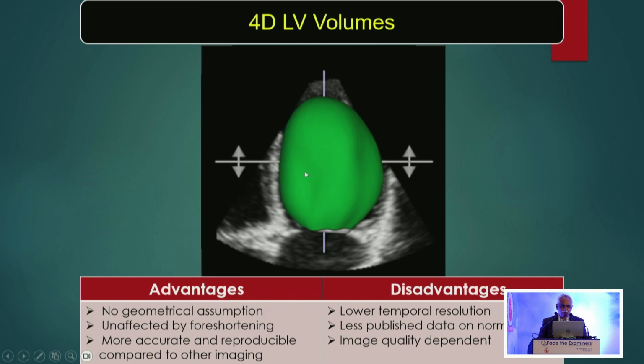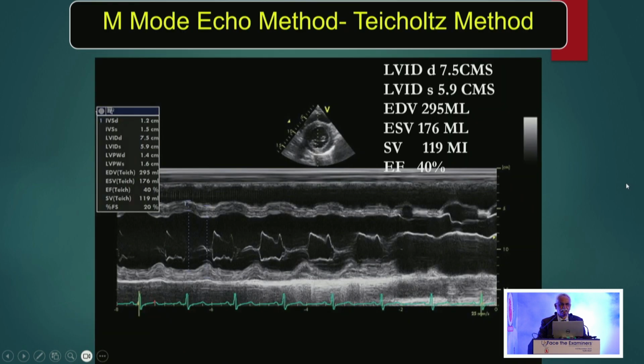Here, how many voxels are present inside the left ventricular cavity can be correctly measured, and from that the volume is calculated. So these are the two things. One is the lack of a mathematical formula involved in measuring the volume, and the left ventricular apex is always included in the three-dimensional echocardiographic picture. So three-dimensional echocardiographic volumes are much superior to the two-dimensional echocardiographic volumes.